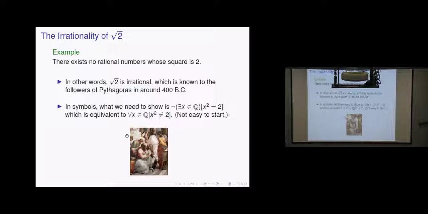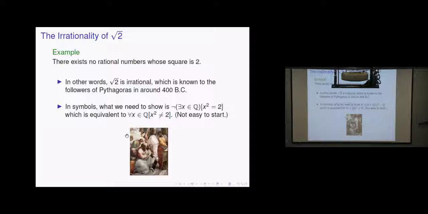So the negation of this statement is equivalent to: for all x in Q, for all rational numbers, x squared is not 2. Our job is to rule out all possible rational numbers. We look at rational numbers one by one: square it, not 2, not 2, not 2.